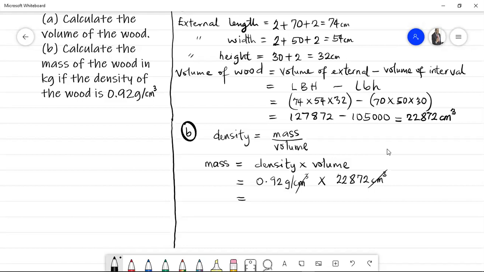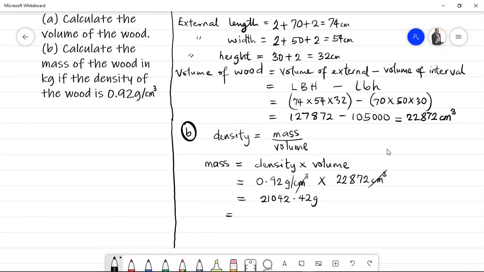You're going to expect that to give you 21,042.24 grams. But take note that the question asks us to find that mass in kilogram.